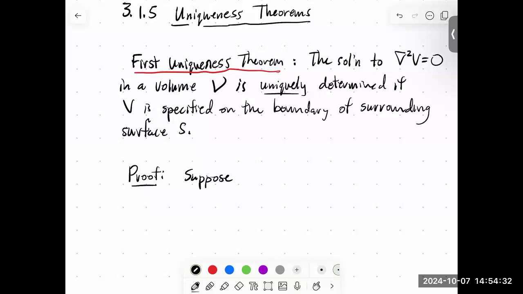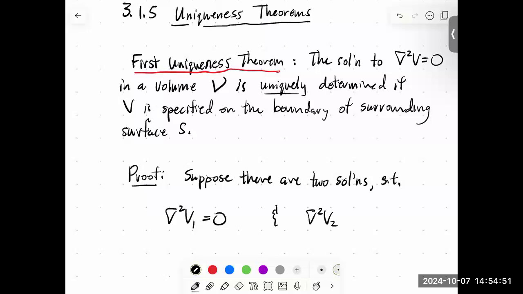Okay, suppose there are two solutions such that the first solution is V1, and it has to satisfy Laplace's equation.